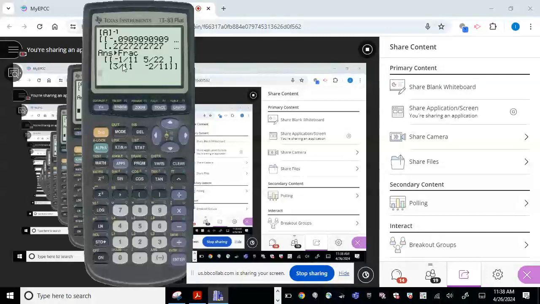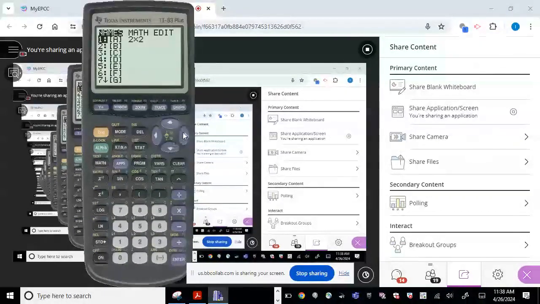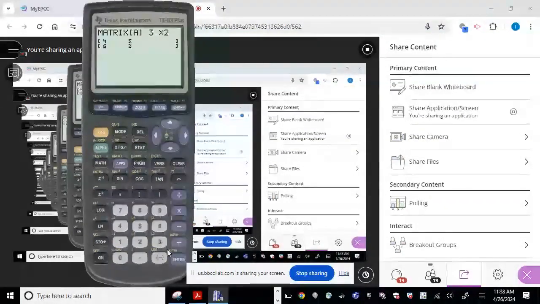And then you have your inverse. So if you had a 3 by 3, and if you're allowed to use a calculator, then you can just use that in here, put it in here.